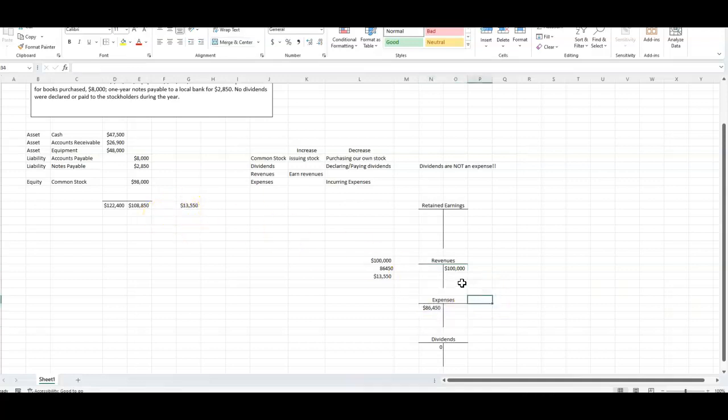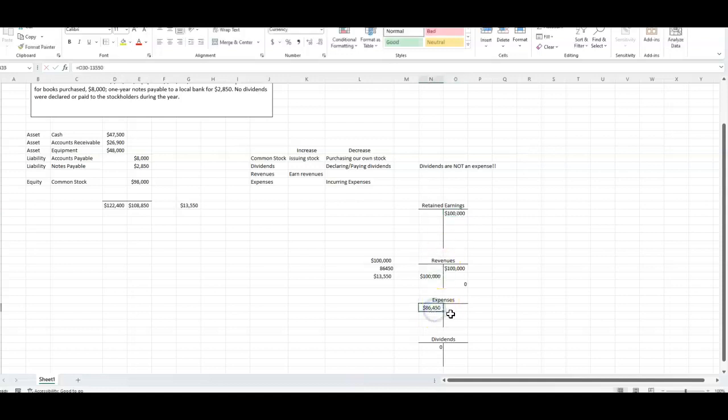So what we do at the end of a period is we go ahead and reduce revenues by the amount of the whole balance. We did what's called closing the account. So now I have a zero balance, and this left-handed entry here, debit, has to go into retained earnings.